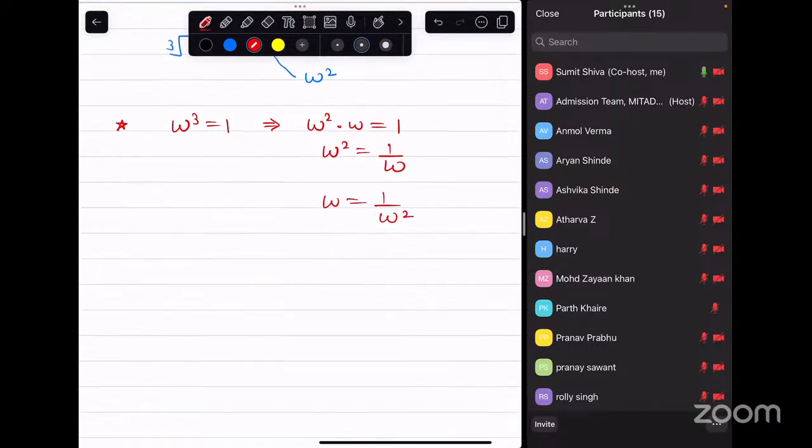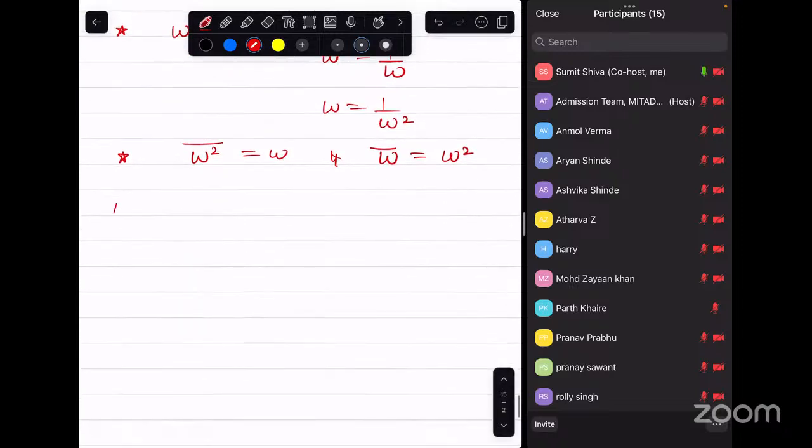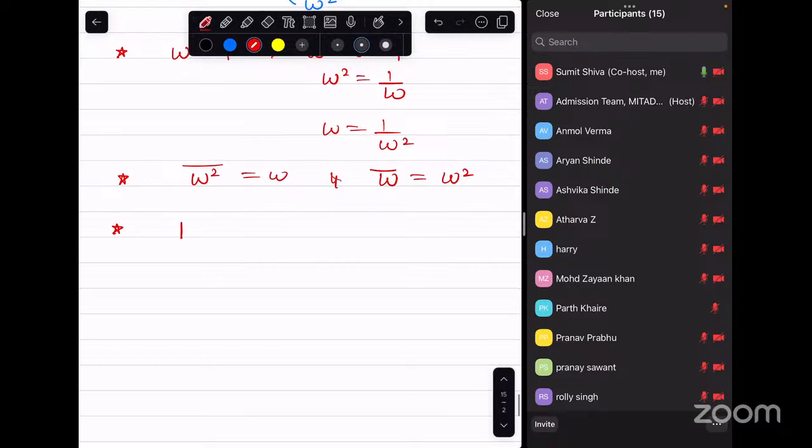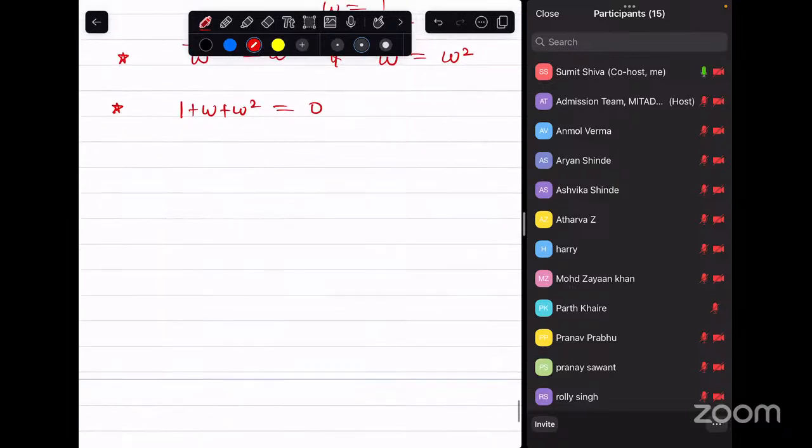So omega and omega square are reciprocal of each other. Second important property is omega square conjugate is omega and omega conjugate is omega square. Third important property is if you add 1 plus omega plus omega square, it will be 0. Understood?